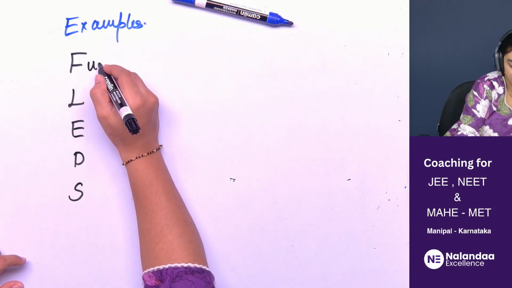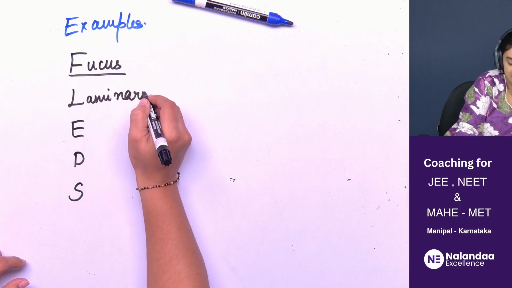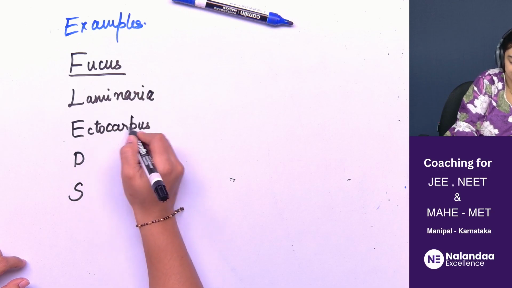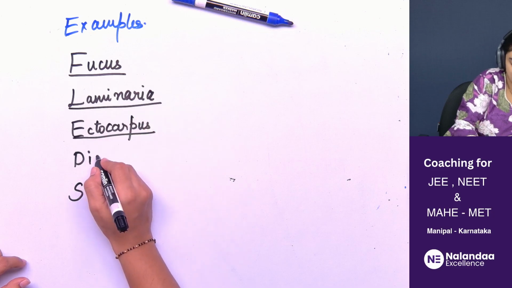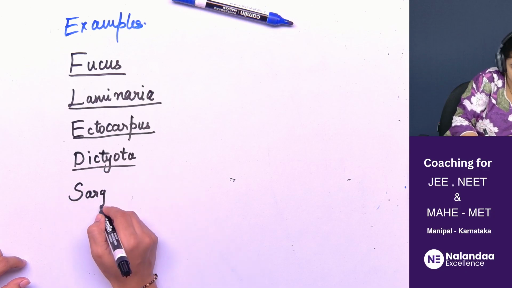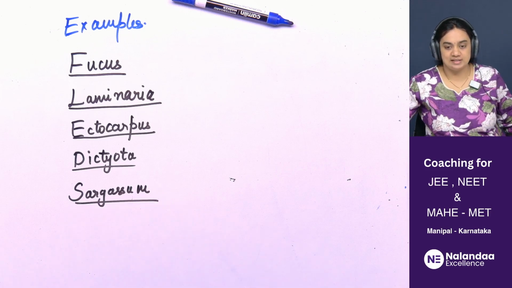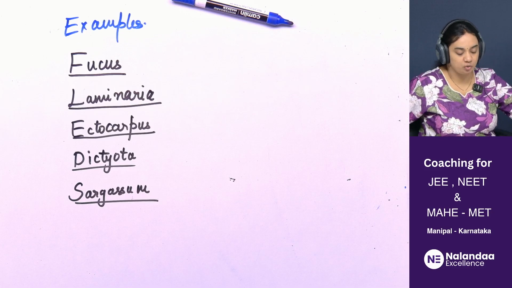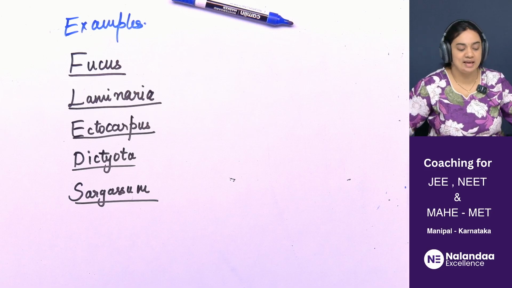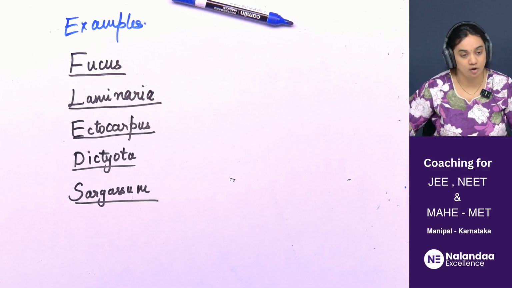F for Fucus, L is for Laminaria, E is for Ectocarpus, D is for Dictyota, and S is for Sargassum. Okay, these are the examples. Remember, FLEDS: Fucus, Laminaria, Ectocarpus, Dictyota, Sargassum. These are the examples of algae that belong to class Phaeophyceae, commonly called brown algae.